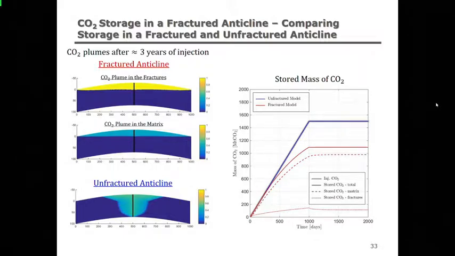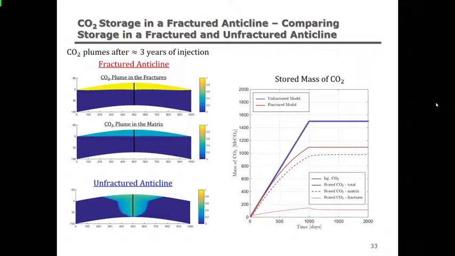In the left bottom, you see the CO2 distribution color-coded for the unfractured case. And on the top, we see the CO2 plume in the fractures, and the CO2 plume in the matrix.